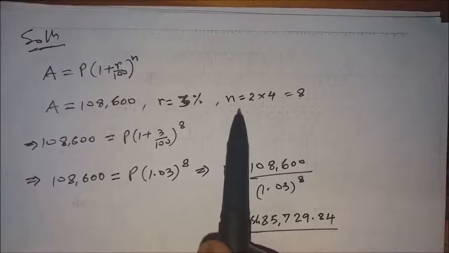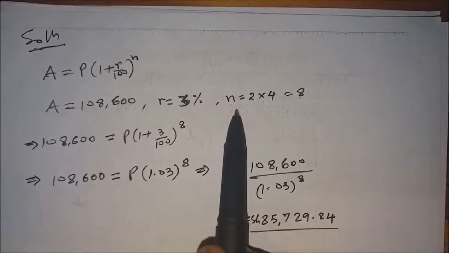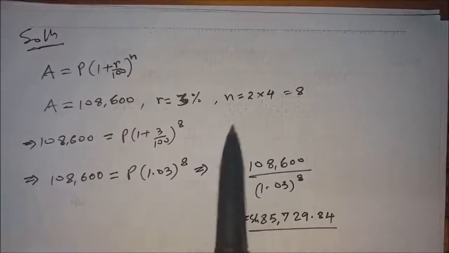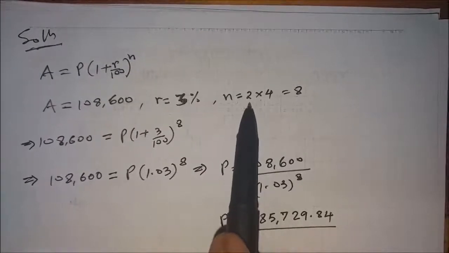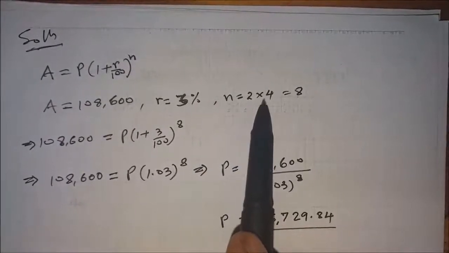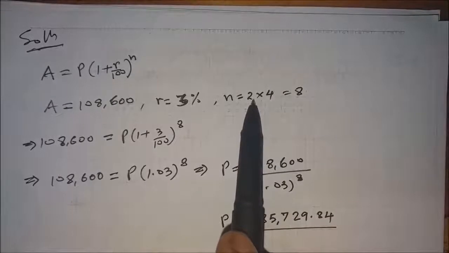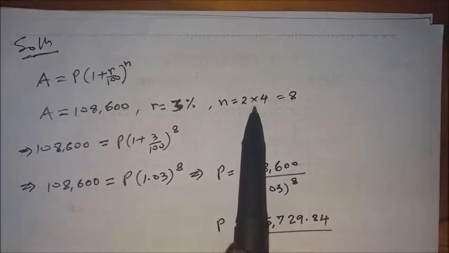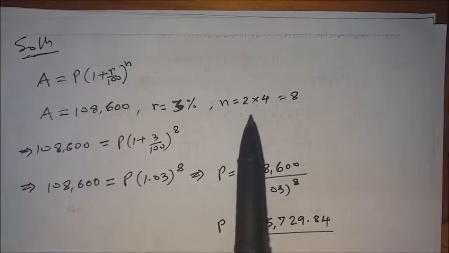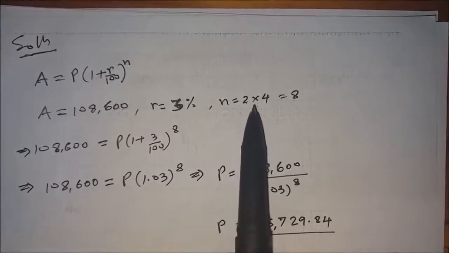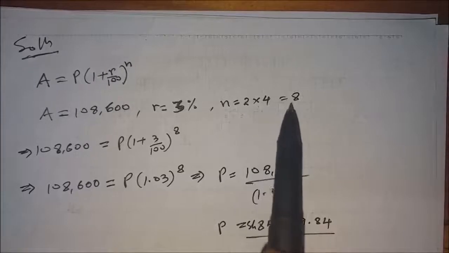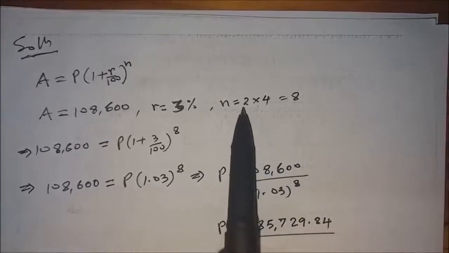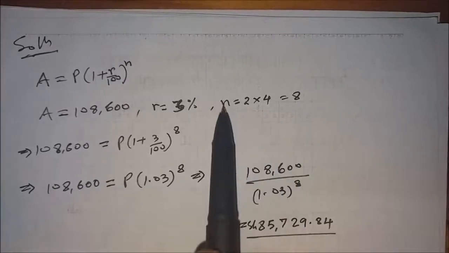The number of interest periods in 1 year is 4 because interest is calculated 4 times. So in 2 years, interest will be calculated 2 times 4, that is 8 times. So we have 8 interest periods, and that is our value of n.